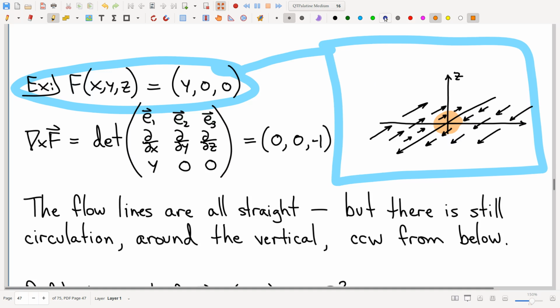What does this fluid do to that floating balloon? Well, it's going to push it that way on that side, but it's going to push it this way on that side. The fluid is going to make this balloon go around what you might call clockwise, right? Clockwise as seen from above. Flow lines are all straight lines, but the balloon is going to rotate. Does everybody buy my assertion?